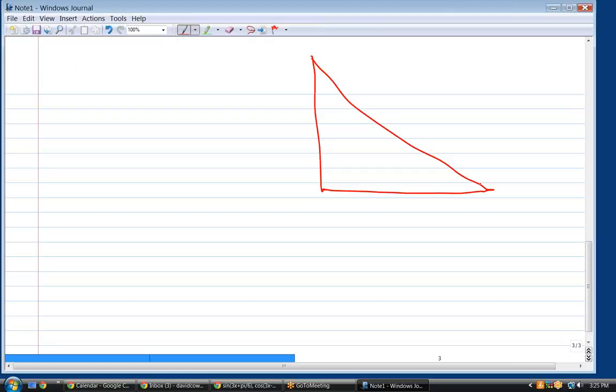The side lengths are what? 33, 55 is the hypotenuse, and 44 is the other side. Notice that that is a multiple of a 3, 4, 5 triangle. It's a 3, 4, 5 triangle times 11.